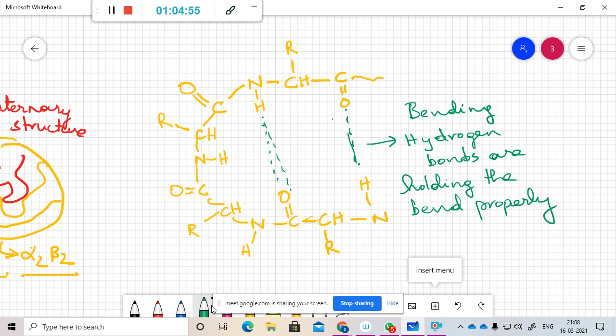So when it's twisting, say it's going in this direction, this is a beta bend. This is in a beta pleated sheet, it's going in the other direction, so this is a beta bend. So this is how it goes.